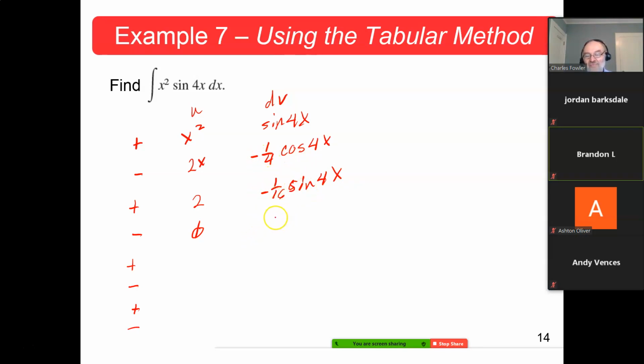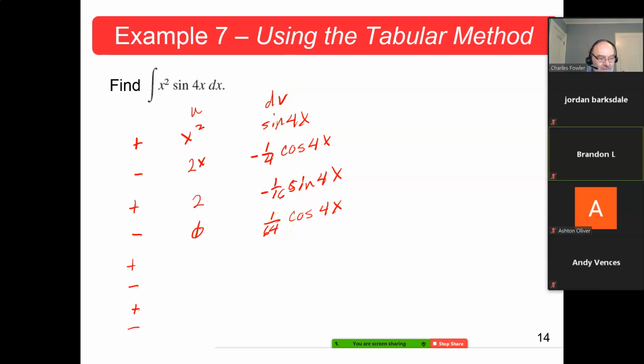Okay, this one would then be one more time, and this is going to change: antiderivative of sine is minus cosine, so this will be 1/64 cosine 4x. Okay, now that's the setup. First thing you have is alternating signs. The second thing is your u's here that you differentiate each time, and then your dv's that you integrate each time. Now we don't need all those, but I'm just showing them to you.